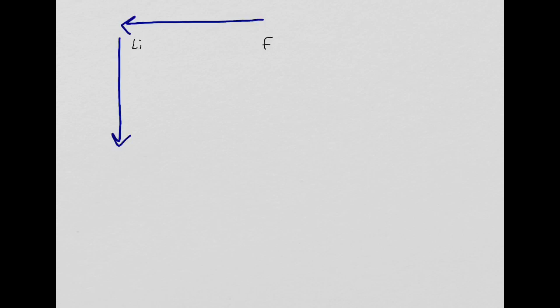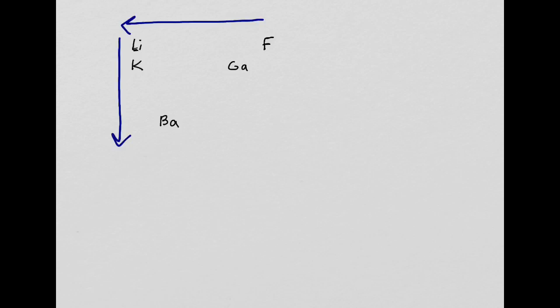Then I have Ga right here. So here I have fluorine, here I have lithium, same row. Ga is over here. And then I have potassium, which is in the same row as gallium, and then barium is going to be over here. So put these things relative to each other.